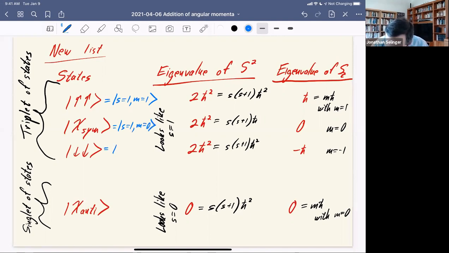And this state is S equals 1, M equals negative 1. And this state down here, this is S equals 0, M equals 0. So this then is how we combine the two spin halves, okay?